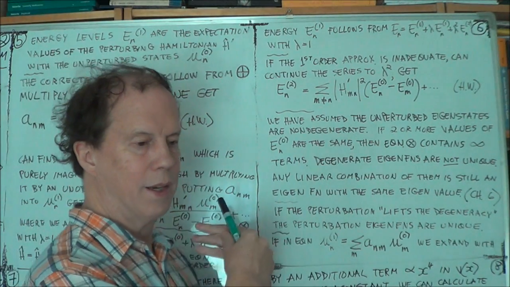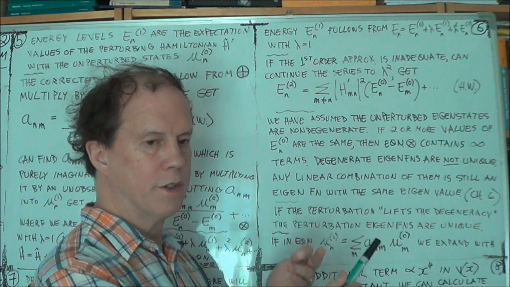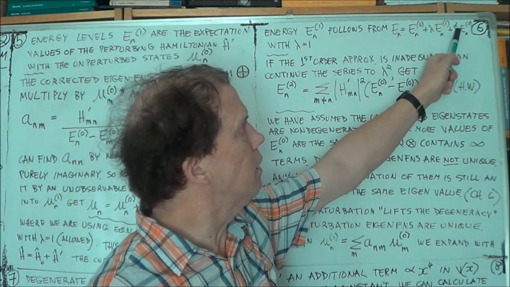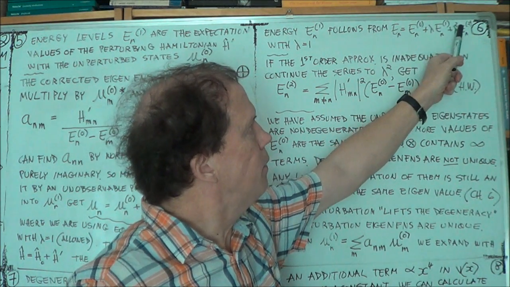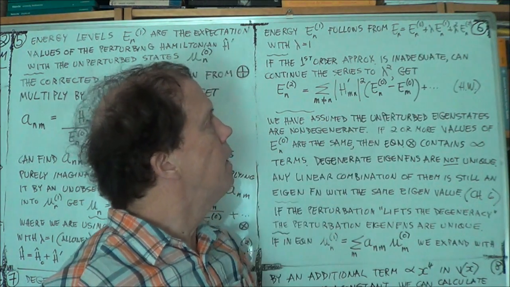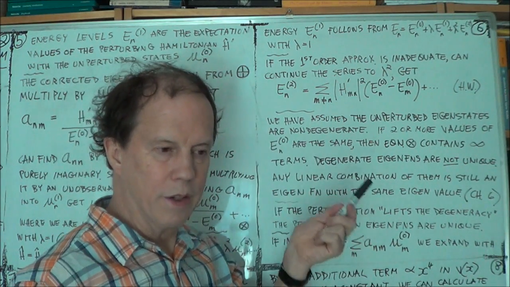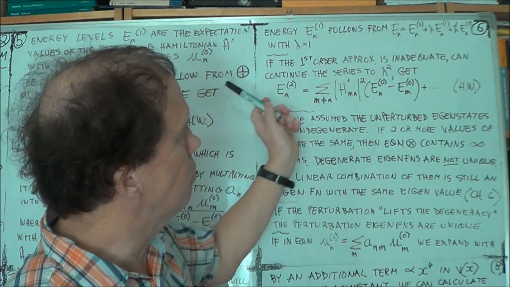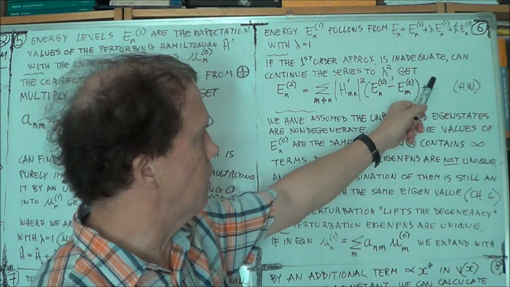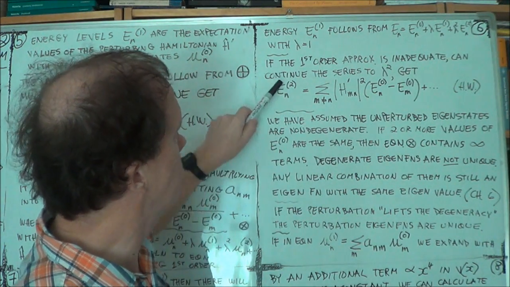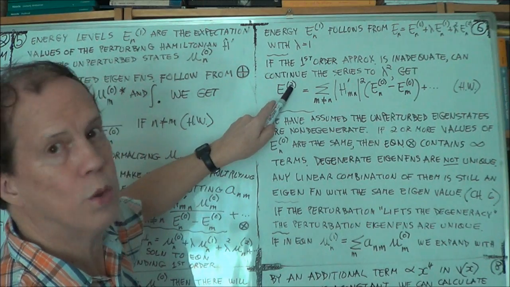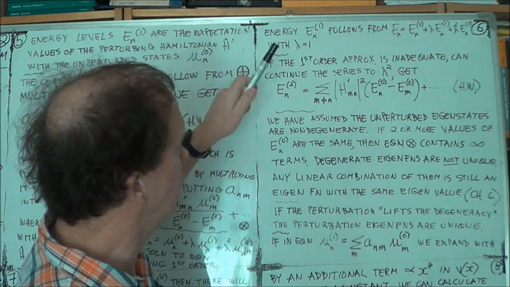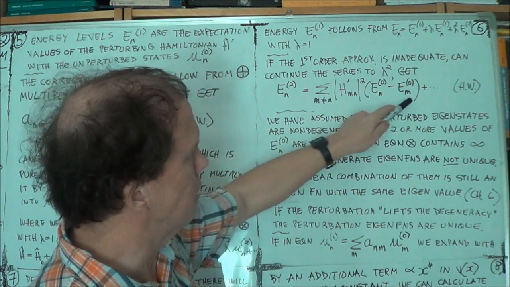Put everything on the left-hand side, and therefore all the coefficients of the powers of lambda. So in this case, we're talking about the second power, lambda squared. So the coefficient of lambda squared has to be 0. So do that, equate it to 0, and you'll get this expression. Okay, so this is your second order correction to the eigenvalues, En2 here, and you'll get something like this, right?